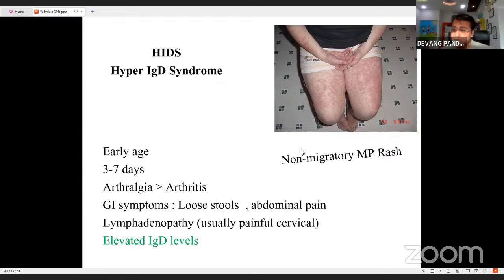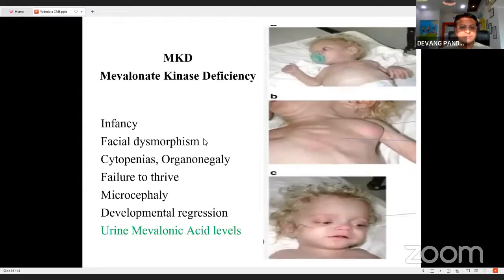Other than the genetic test, if you have clinical suspicion, raised inflammatory markers, and elevated IgD level, again you can give a therapeutic trial. The severe form of hyper IgD syndrome is MKD, which presents in very early infancy with all sorts of multisystem manifestations like failure to thrive and CNS manifestations. There, other than genetics, you can measure urine mevalonic acid.